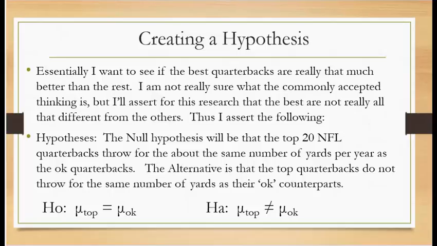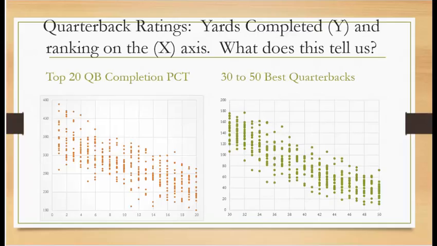So then I went in and I made some graphs because, you know, I like to make graphs. So here I've got the quarterback rankings on the x-axis. And this is the top 20 quarterbacks' completion percentages. And then this over here is the 30 to 50 best quarterbacks' completion percentages. So they look sort of the same, but when you really look at them, look at these numbers over here, 430, 380, whatever.